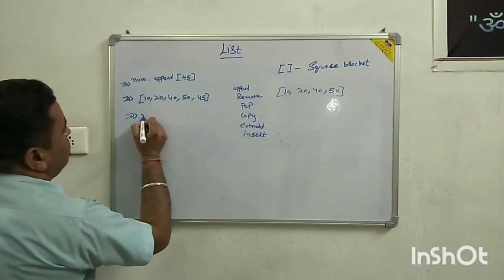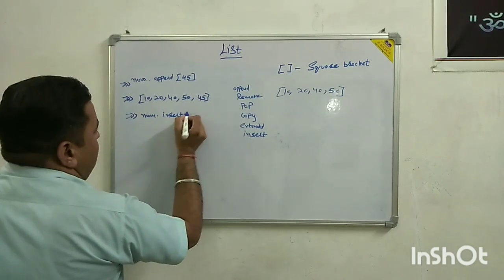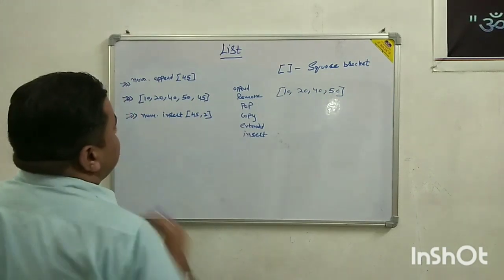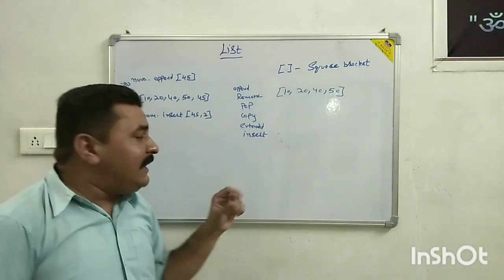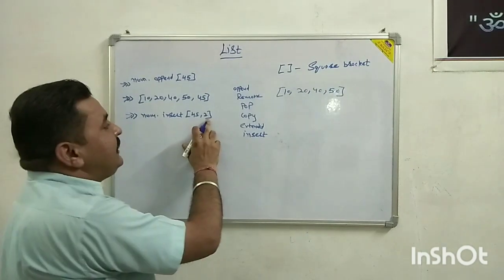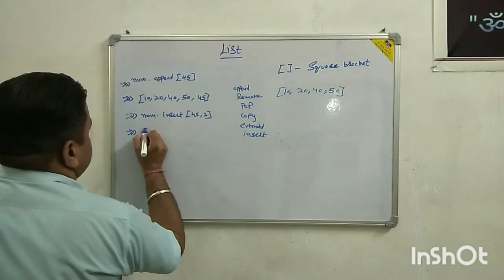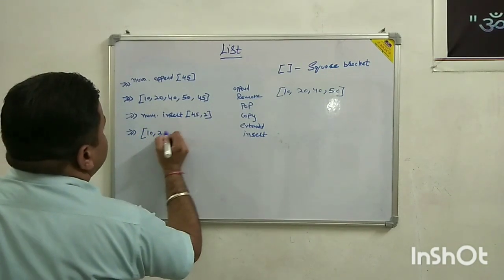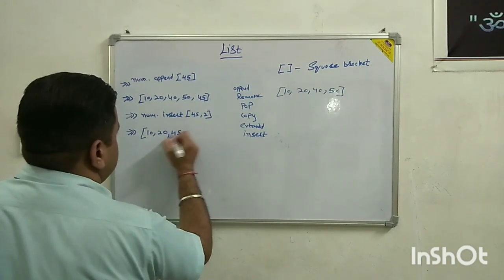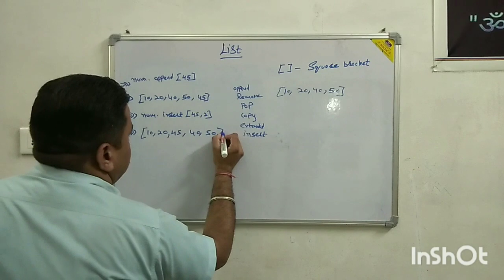If we use num dot insert, the element is 45 and we give the index value where we have to insert the element in between the elements, here an index value of 2, then it will give you a result here: 10, 20, then comes 45, then 40, 50 and so on.